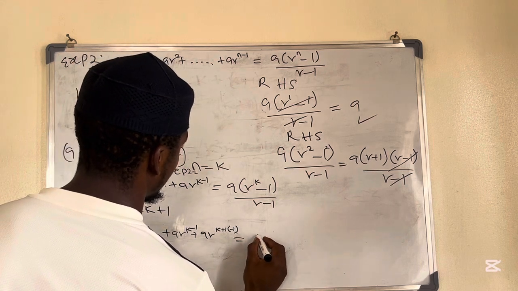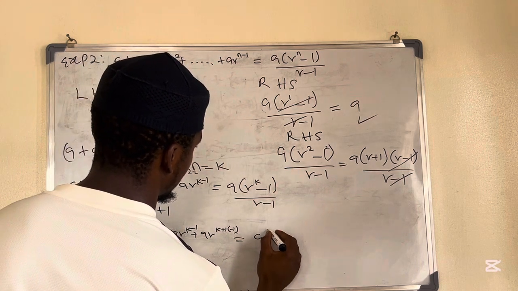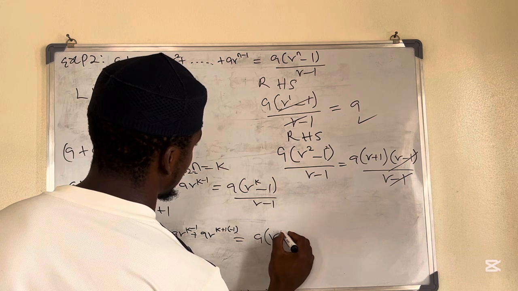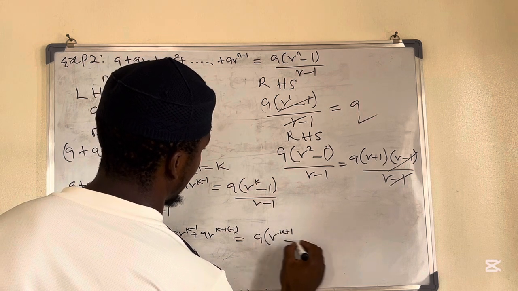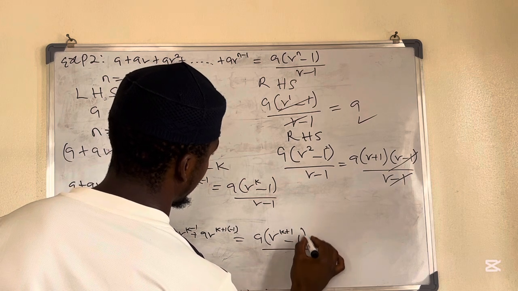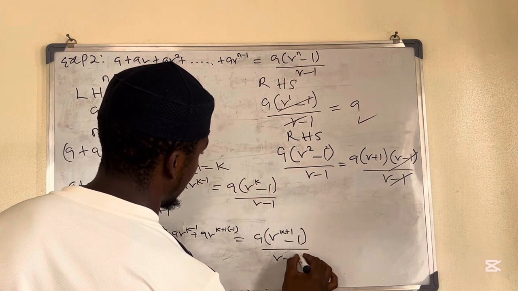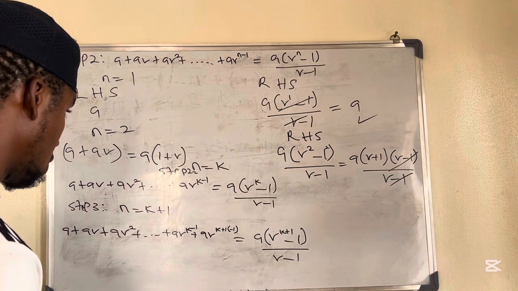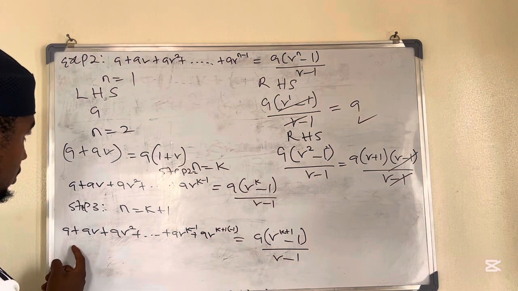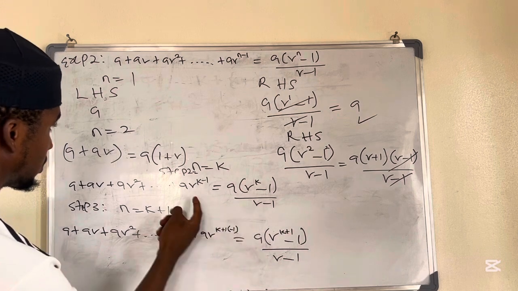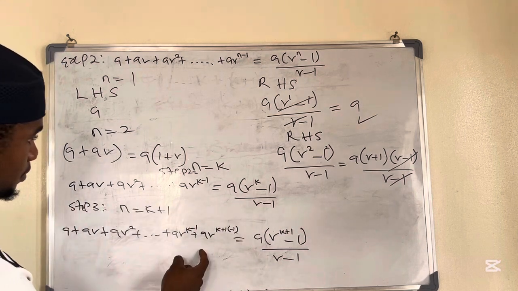It's equal to a into r raised to the power of k plus 1 minus 1 all over r minus 1. So look closely. From here, it's equal to this.